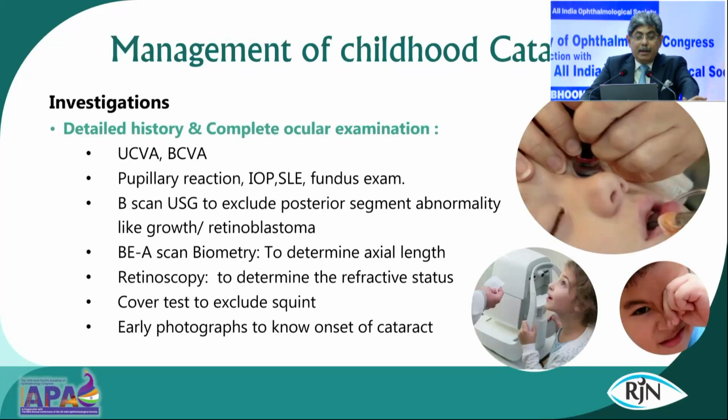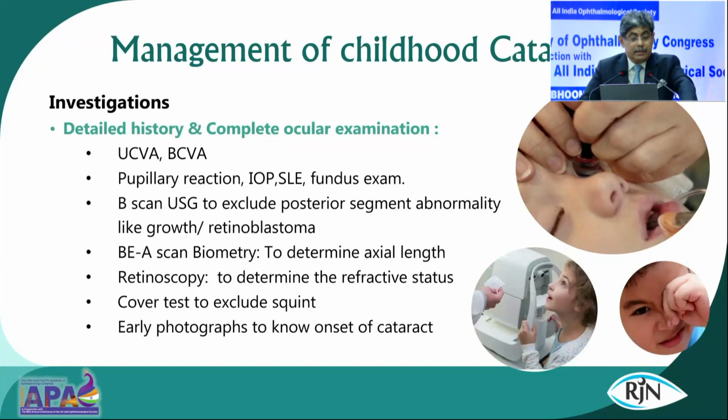The management part is difficult, and we have to do a complete, thorough examination. Along with it, we should take the history in detail, uncorrected and best corrected visual acuity if possible, pupillary reaction, IOP, slit lamp examination, fundus, B scan, and biometry for both eyes, which we will be dealing with in the next slides.